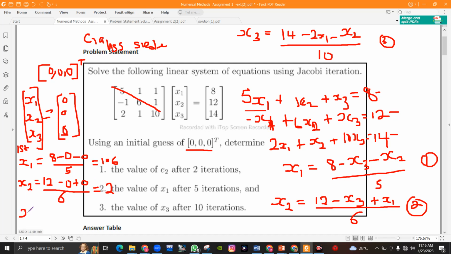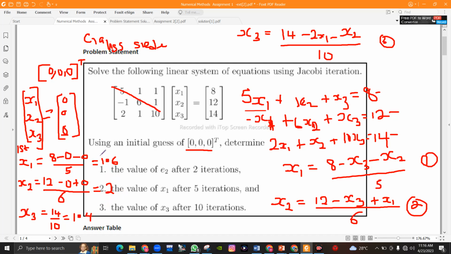Now for our x3, we are going to have, what's this? 14 minus 2 times x1, which is 2 times 0, which is 0, minus x2, which is also 0, divided by 10. And that is 1.4. So this is now our new guess: 1.6, 2, and then 1.4.